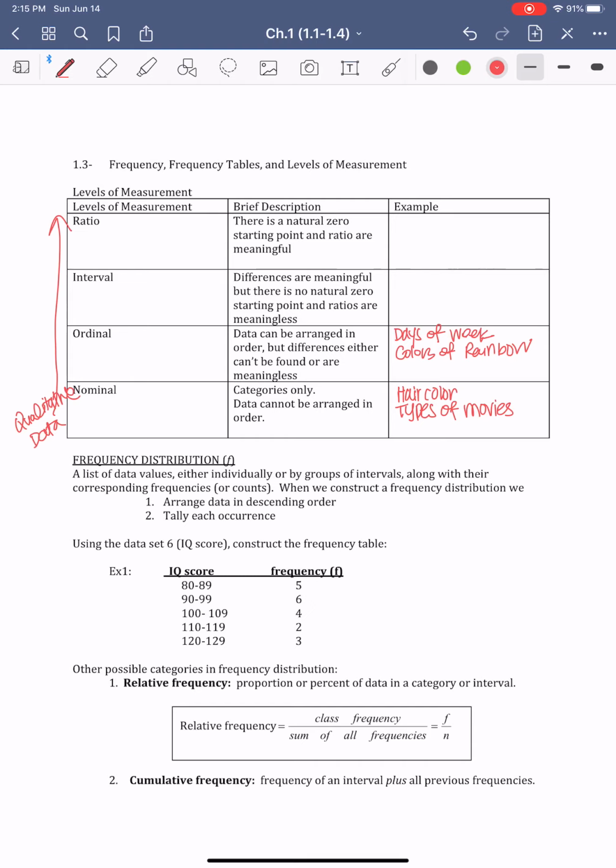And then the last one, alphabetical order, last name, A through Z. After A comes B, comes C, comes D. Again, ordinal: days of the week, colors of the rainbow, alphabetical order, these are all names and labels. So this is also qualitative data.